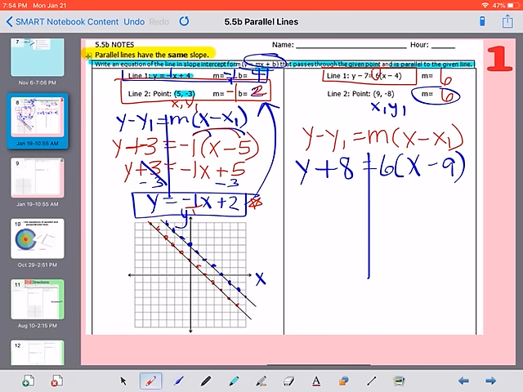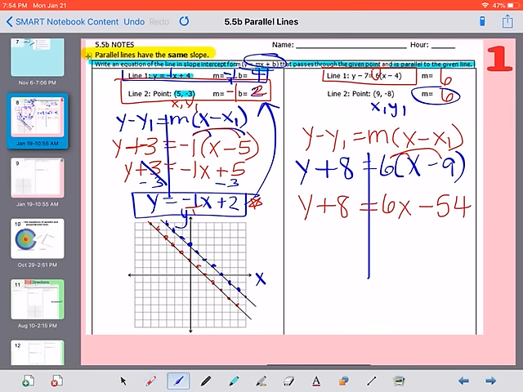So we need to solve this for y, so it's in the form y equals mx plus b. 6 times x is 6x. 6 times -9, 6 times 9 is 54. And so we have y plus 8 equals 6x minus 54.